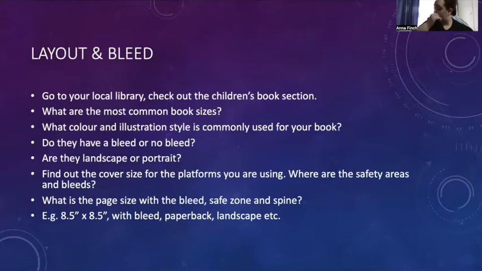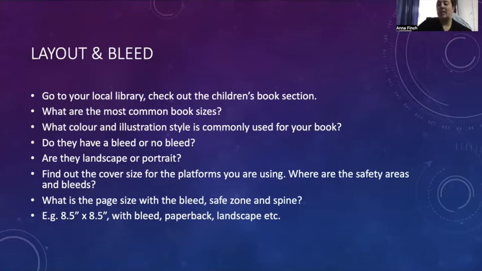You need to know what the layout bleed is for your book. For those of you who don't know, bleed refers to the space around the edges of a book or a page, could be a cover, that could be potentially cut off or damaged during printing.